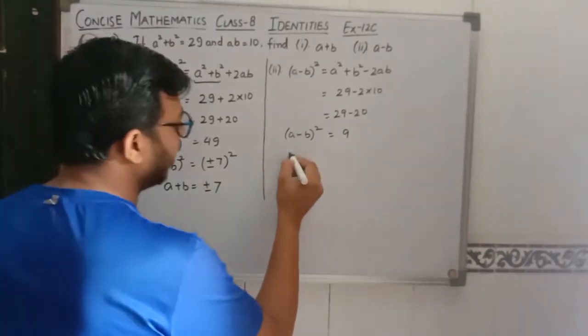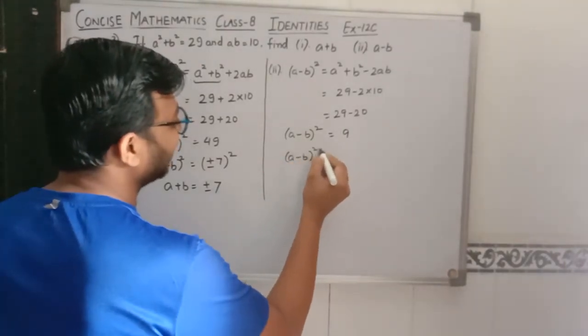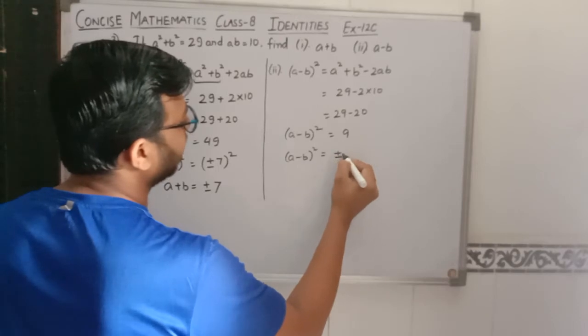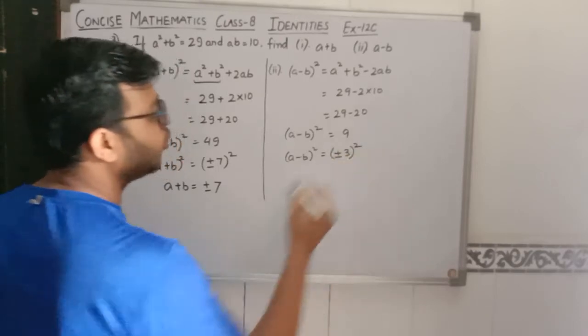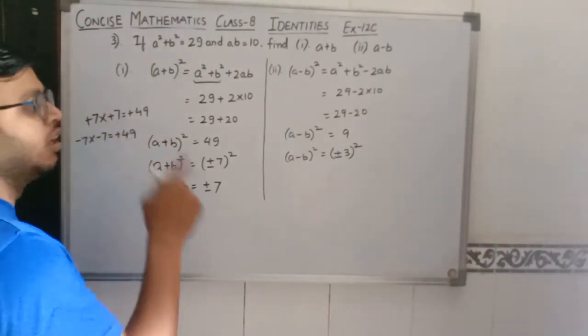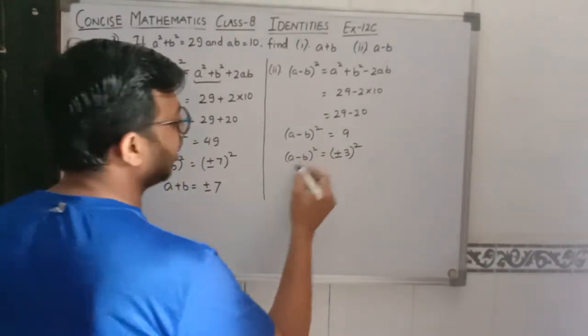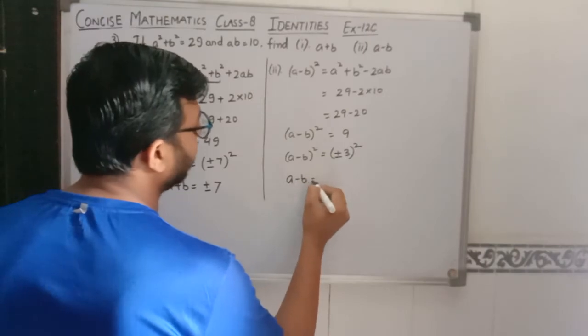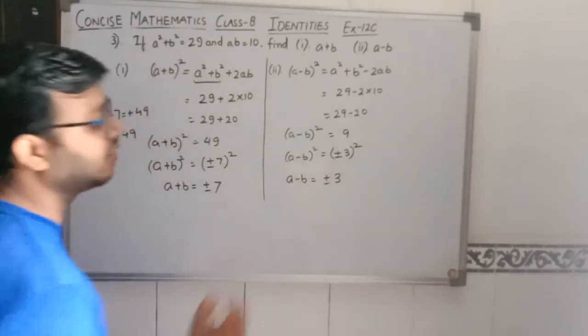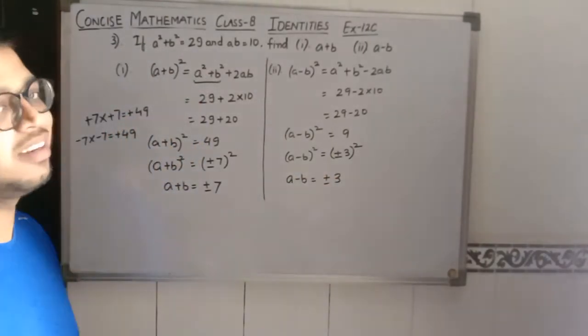We have to find a minus b. So we can write 9 as plus minus 3 whole square, because positive 3 square will give you 9 and negative 3 square will also give you 9. So the value of a minus b will become plus minus 3, positive 3 as well as negative 3.